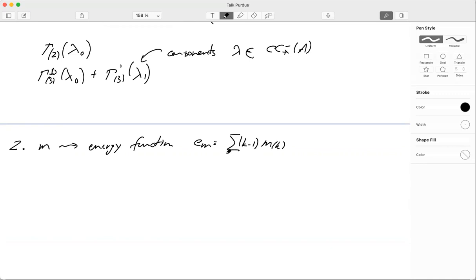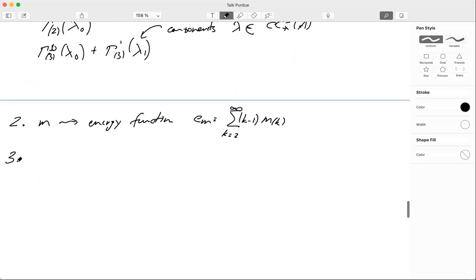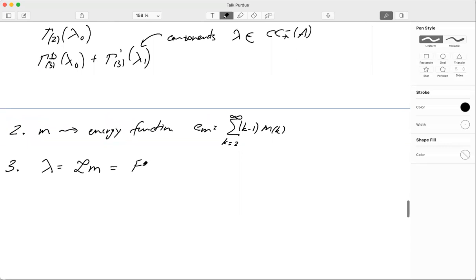So you just scale each one of these Mk's. And in step 3, we just invert. So we define the Legendre transform of my structure M by taking this fiberwise derivative, finding some quasi-inverse, and applying it to this energy function.